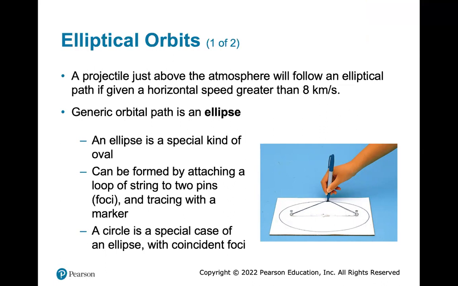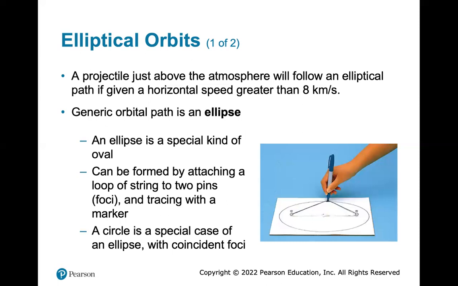A projectile just above the atmosphere will follow an elliptical path if given a horizontal speed greater than 8 kilometers per second. The generic orbital path is an ellipse. As a matter of fact, all of the planets that circle the sun have elliptical orbits. Some are more elliptical than others.